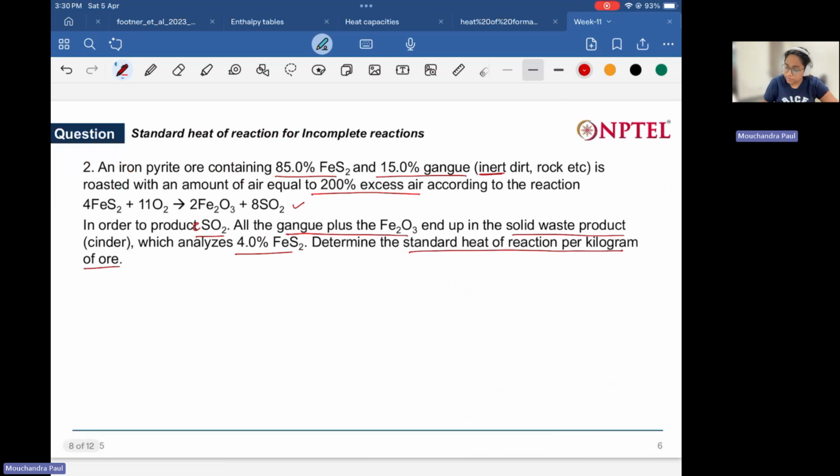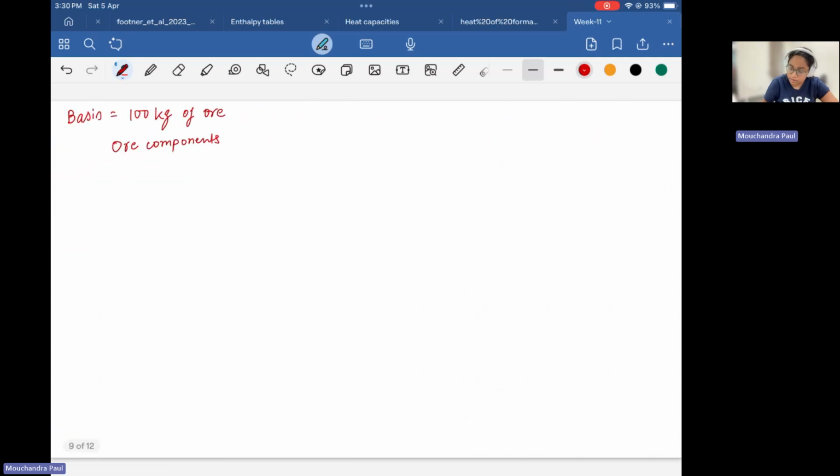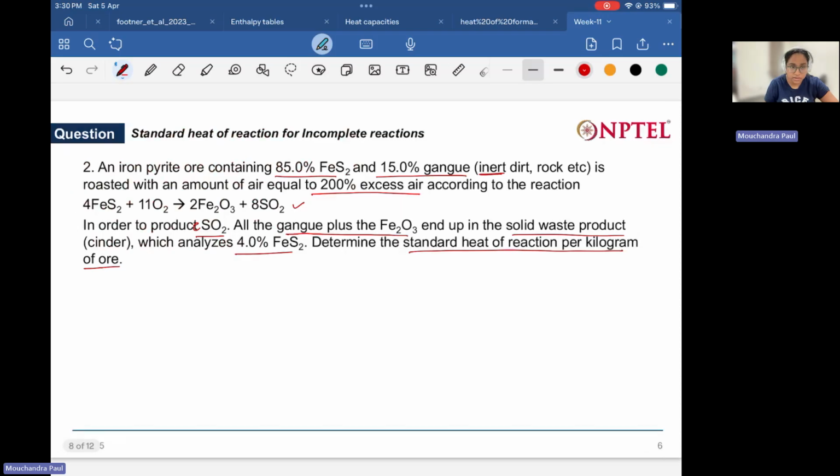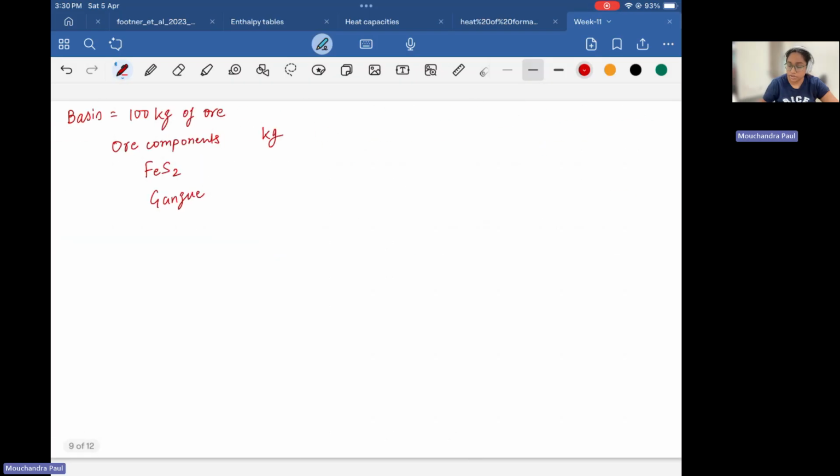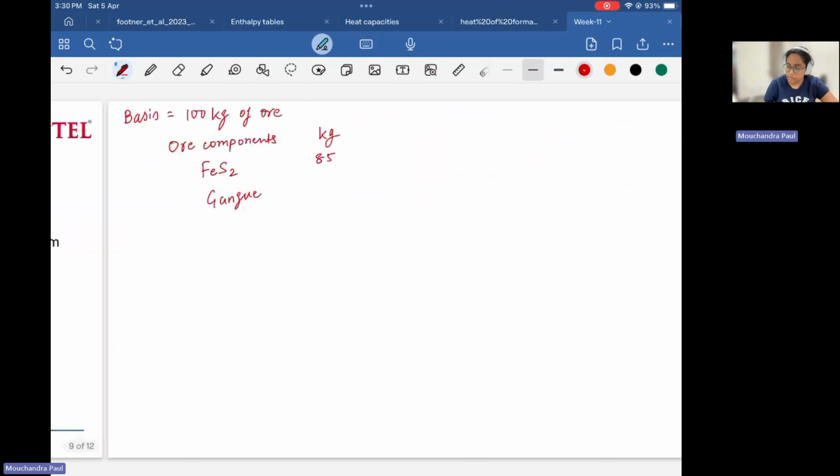Ore contains FeS2 and Gangue. Now it is given in percent, so 100% is equivalent to 100 kg. Similarly, FeS2 will be 85 kg and Gangue will be 15 kg.